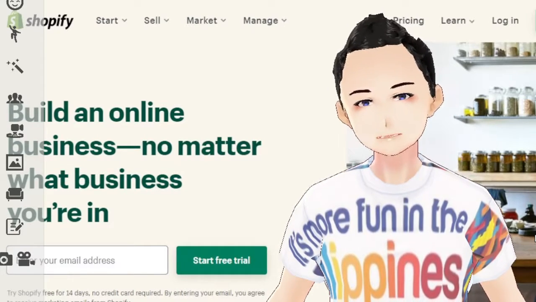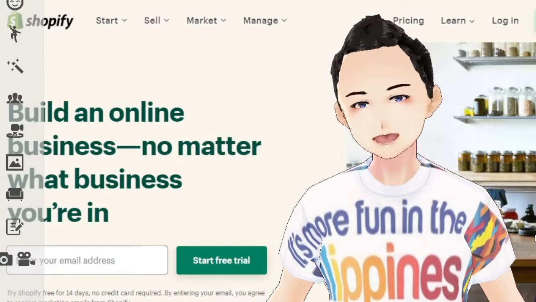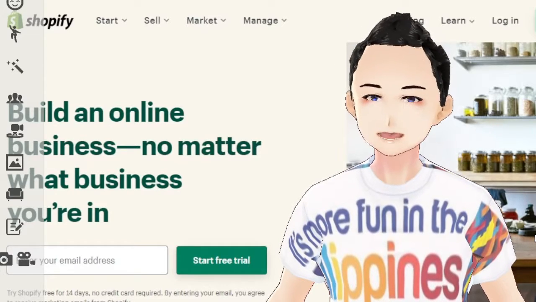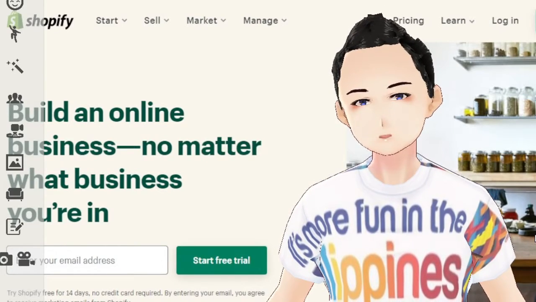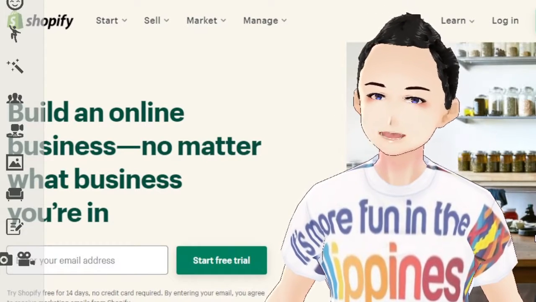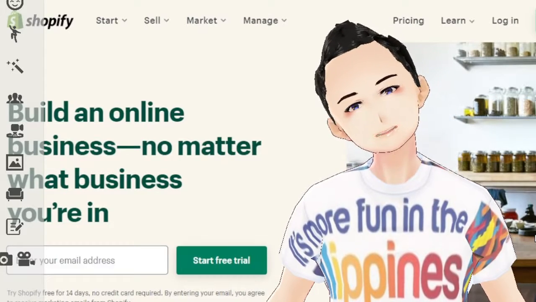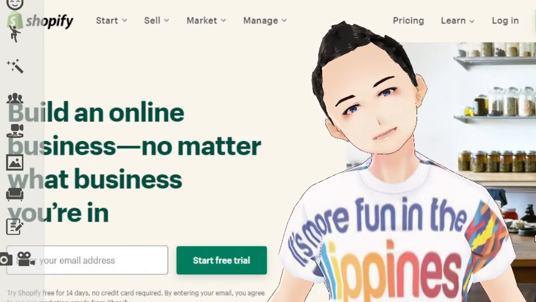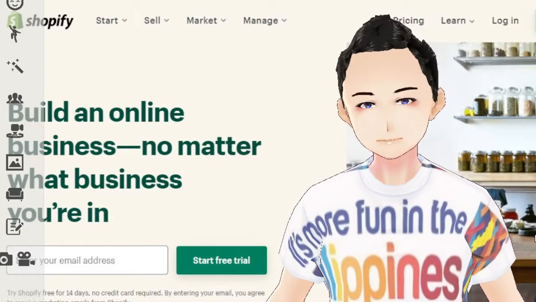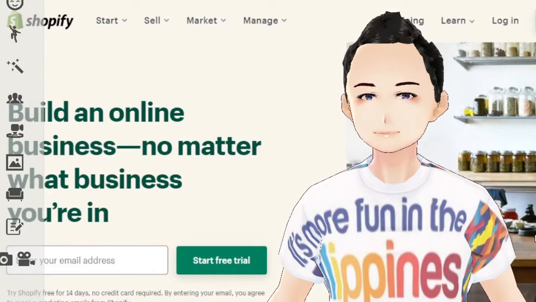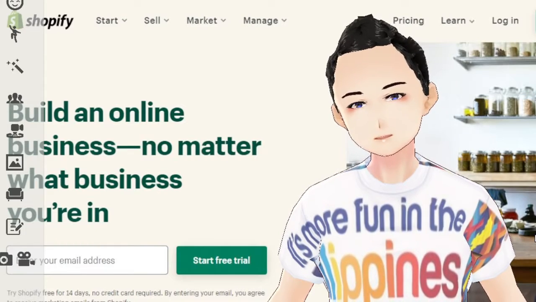So do your homework, research the various stores that you might consider, and you don't have to be limited to one. So you can have a Shopify store, you can have a store in Lazada, Shopee, and others. So you can have multiple stores where you sell your products.